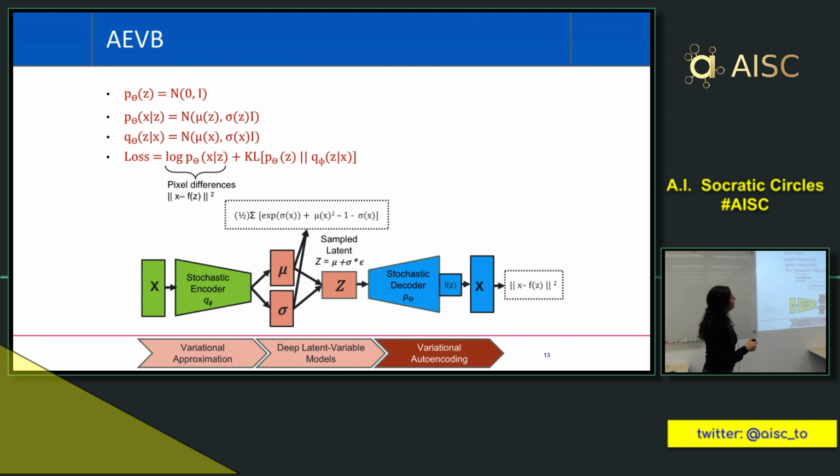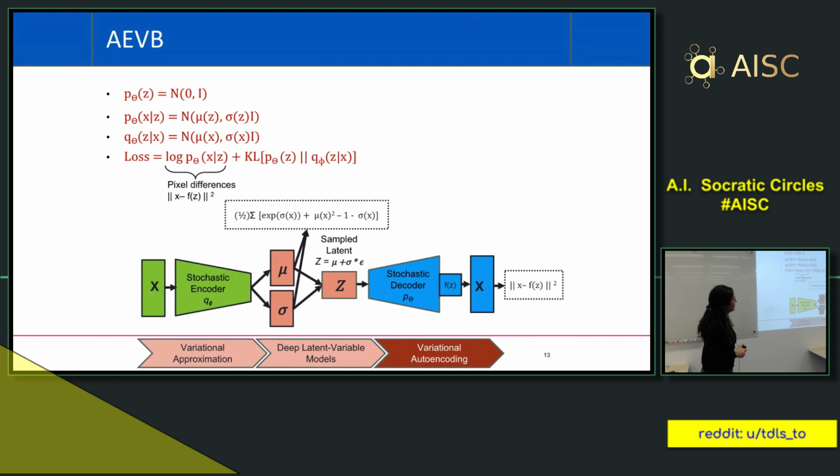Actually, I made a mistake here too. The Q should be here, for sure. So the posterior, we want it to be as close as possible to our prior assumption. If you use Gaussian distributions, this is your loss function. It's very tractable, there's a closed form solution, and you can use pixel differences in the case of images, or the cross entropy as you use for autoencoders.